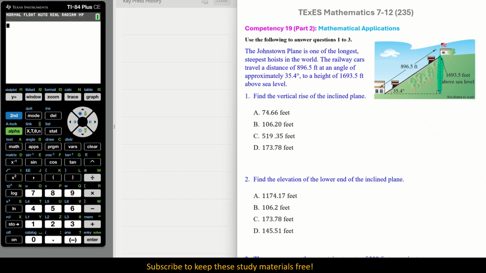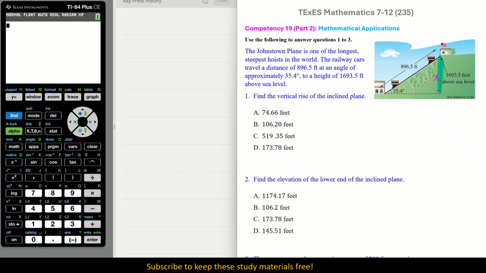Now, on your actual certification test, in a lot of cases, you don't get an image and it won't be this detailed. It'll be just roughed out. But basically, when you're talking about things like this, you would have a right triangle. That being said, we are in need of this distance.